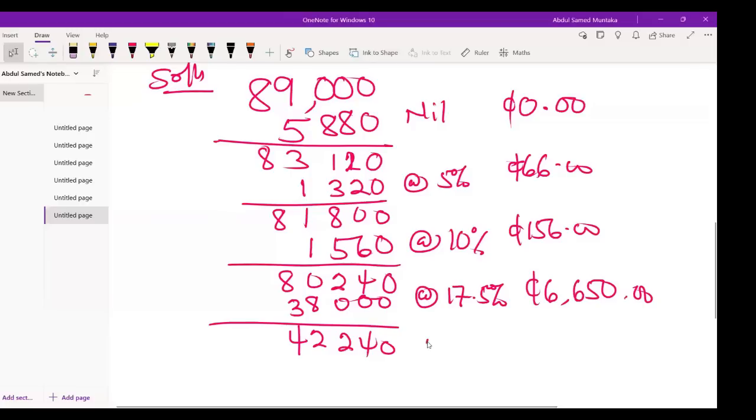And therefore, you are going to calculate 25% of it. 25% of 42,240 will be equal to 10,560.